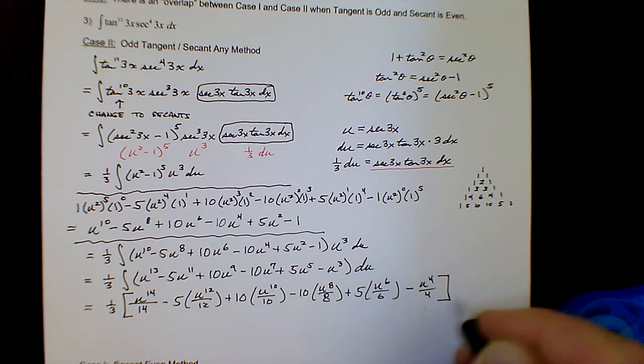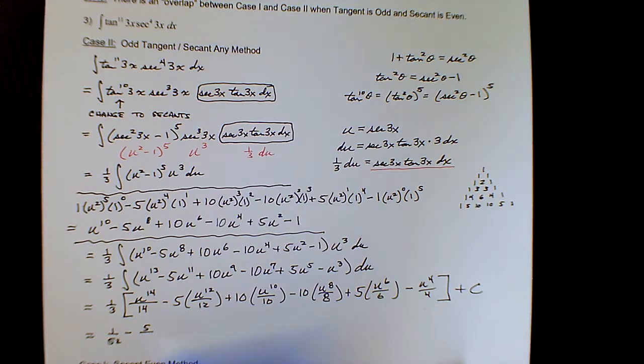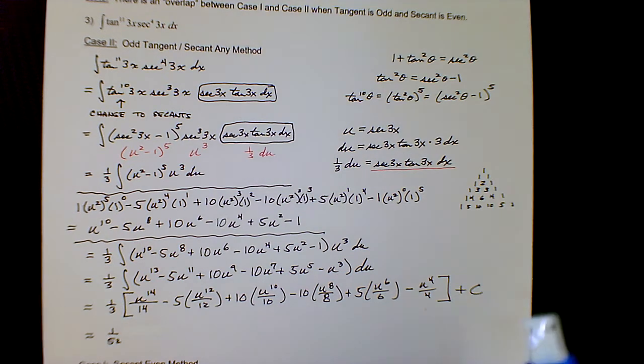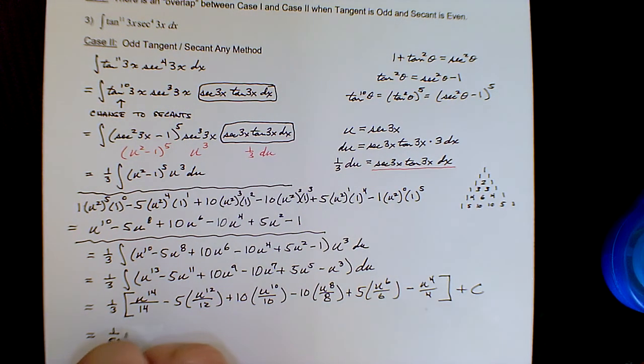So we get 1 over 52, u to the 14th, minus 5 over 36, u to the 12th.